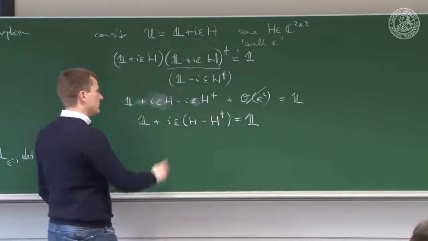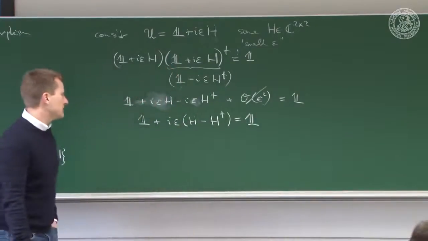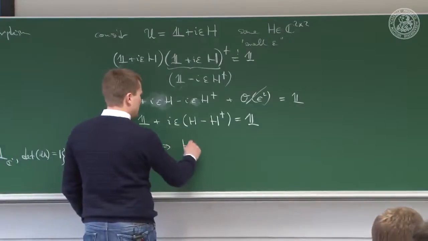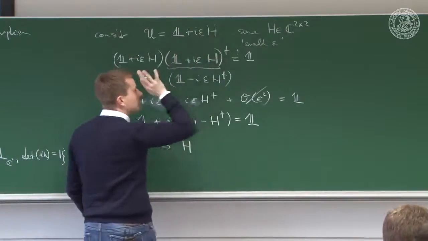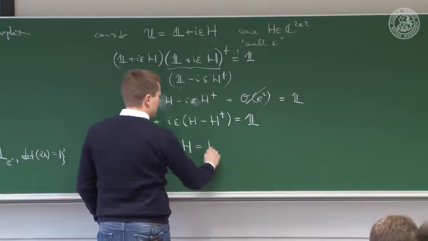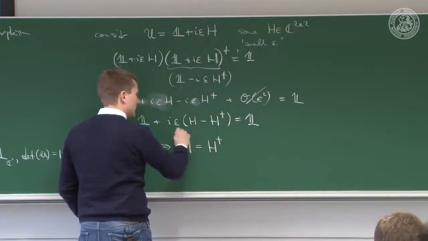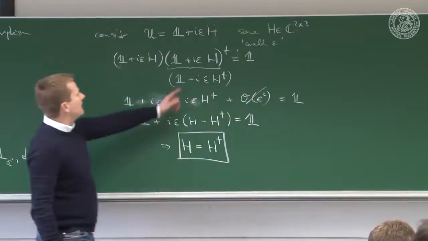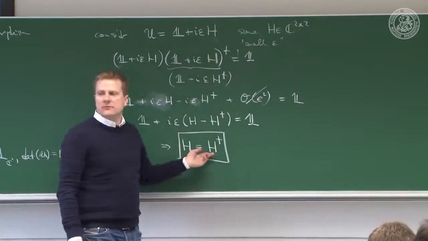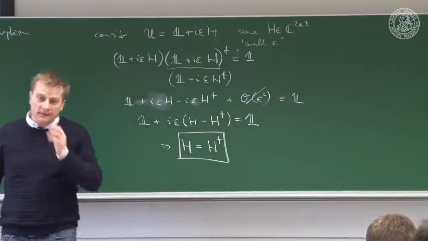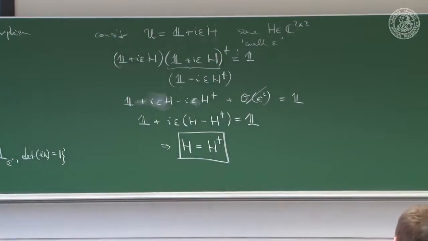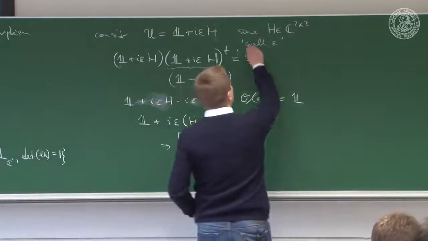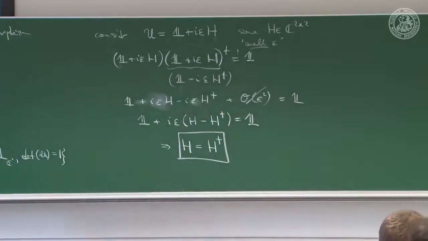Well, in order for this to be true for non-zero epsilon, it implies that this matrix, this kind of tangent vector in a sense, needs to be a Hermitian matrix, h equals h dagger, right? If I hadn't put the i here, it would be an anti-Hermitian matrix. That's as good. Epsilon is in R, otherwise it couldn't be small. Well, it could have small absolute value, but it couldn't be small all by itself.